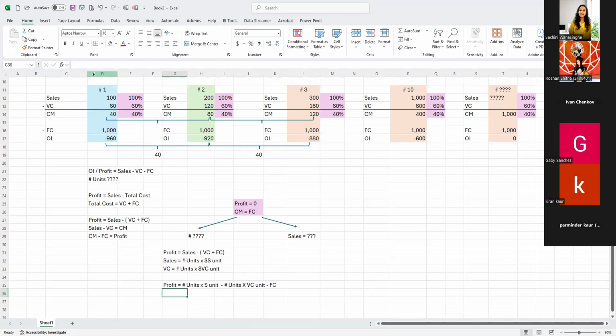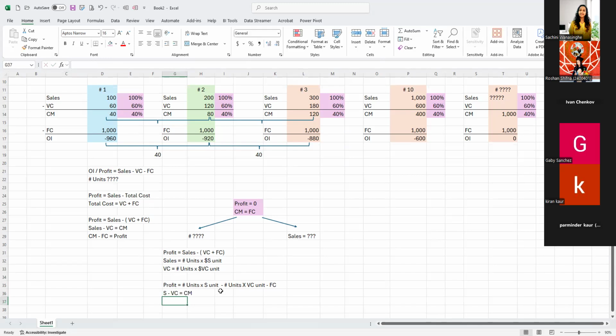Yes. But we also find out that sales minus variable cost is going to equal, when we deduct the variable cost from sales, what we're going to get? Contribution margin.